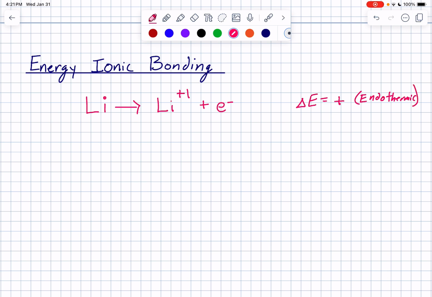Let's make up some numbers, actually, you know what, we'll come back. We'll do the numbers later. So this is to form my cation. And if you remember, the energy required to remove an electron to break that attraction is referred to as our ionization energy.